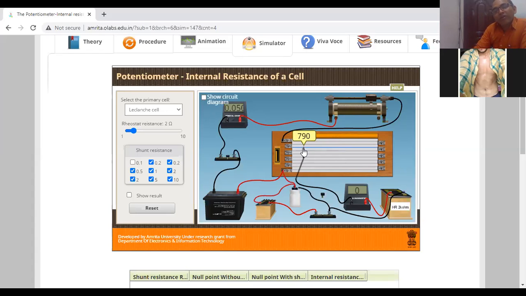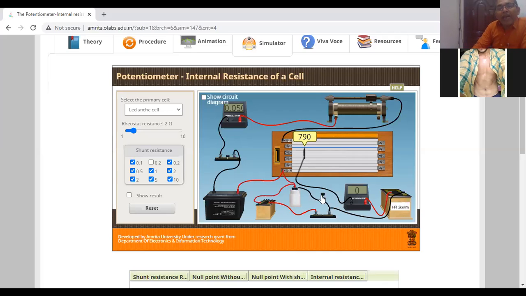You just note down. And now the next thing is inserting shunt resistance of 0.2 ohm, yeah, here, and then we measure the balancing length L1. Okay, even at 0.2, the balancing length is this much.